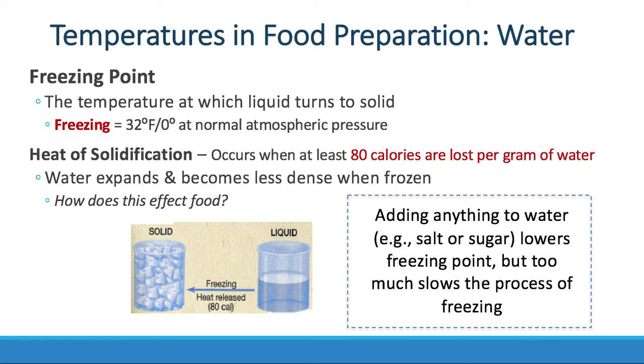And so this really causes, in a frozen fruit or vegetable, an inferior texture after it's cooked. So we've destroyed that cell wall that really gives that food some stability and its structure. And so we might have more of a mushy, less crisp texture once we thaw it out.